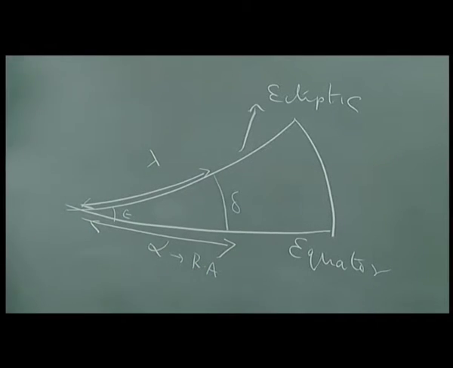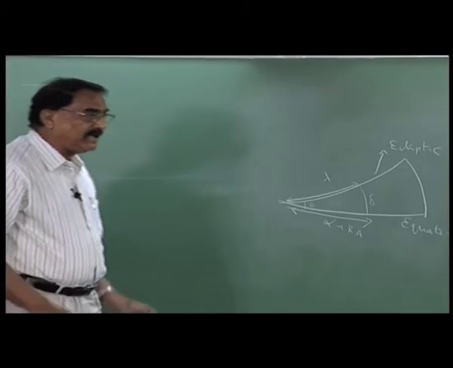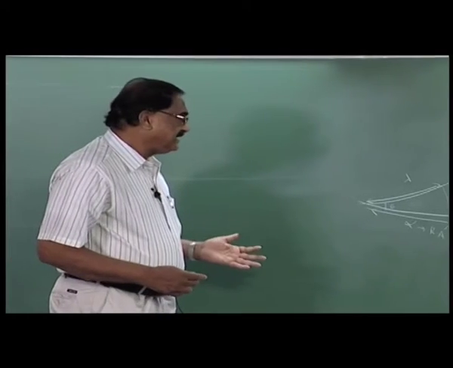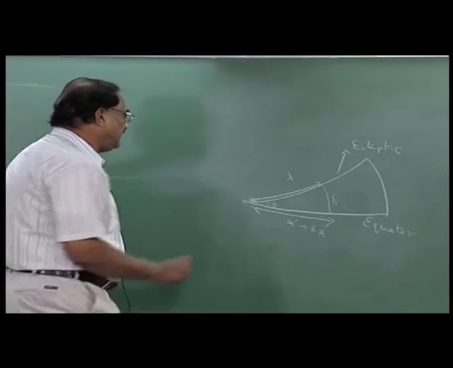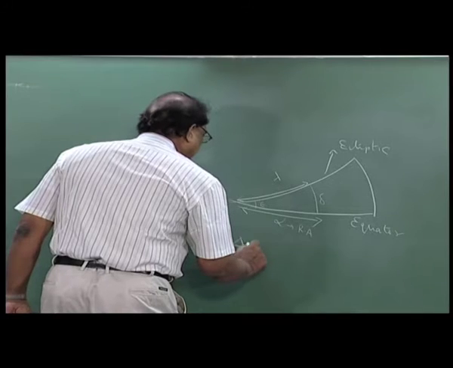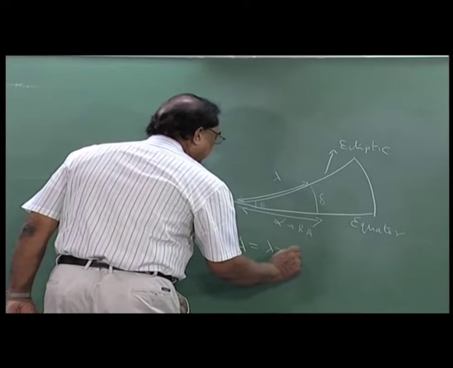So, the time is essentially related to the right ascension. Now, there is what is known as the equation of time. I do not want to get technical. There is an equation of time which comes in astronomy, and one part of it is lambda minus alpha.